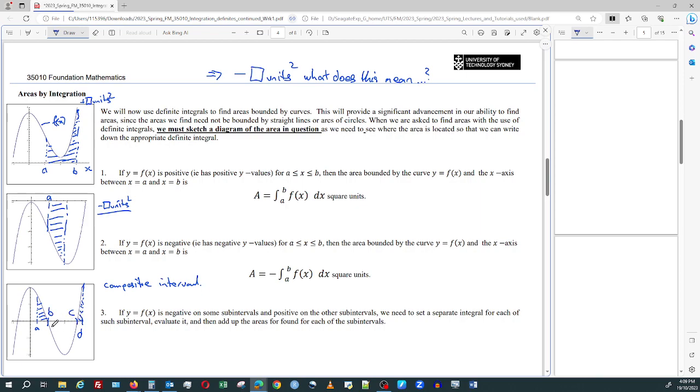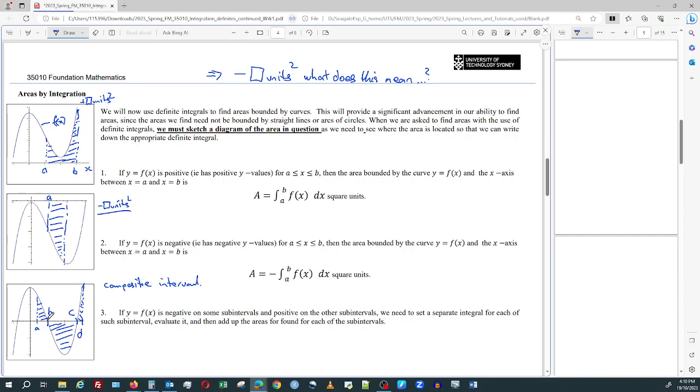So we'll have splitting this up. Between A and B is positive. Between C and D is positive. But these guys are going to represent a negative area. Now all it means is that it's underneath the x-axis.